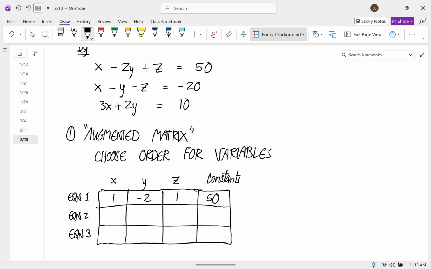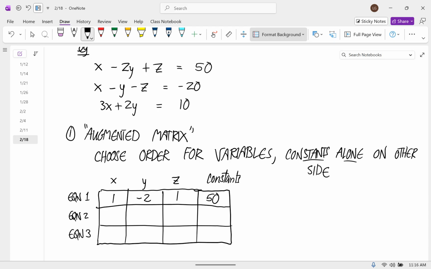It's very important that the constants are alone on the other side of the equations and all the variables are together on their side.